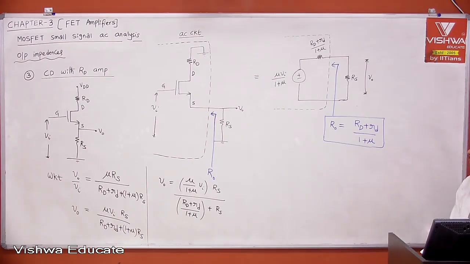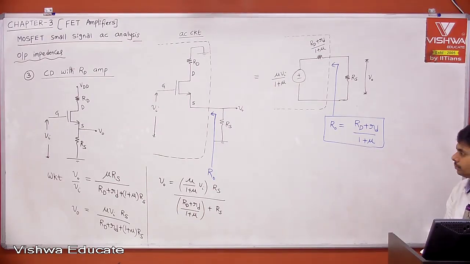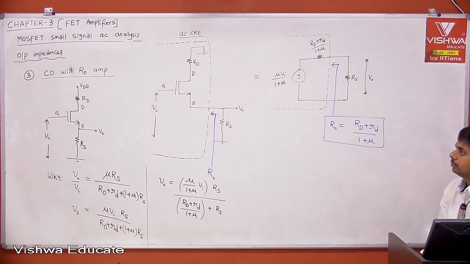After the third, you write the fourth one, the CD amplifier, right?